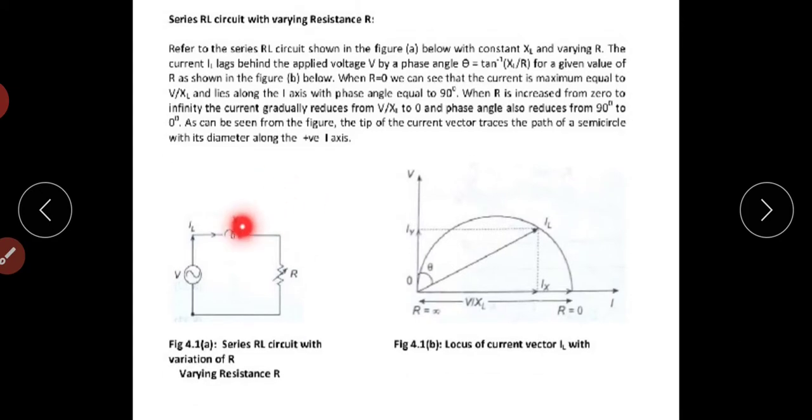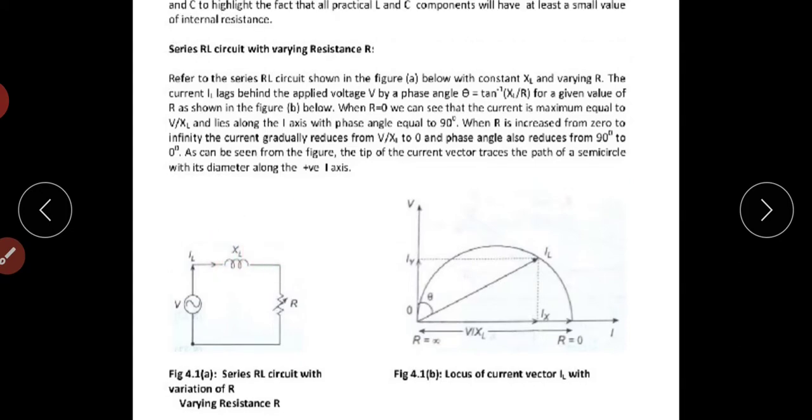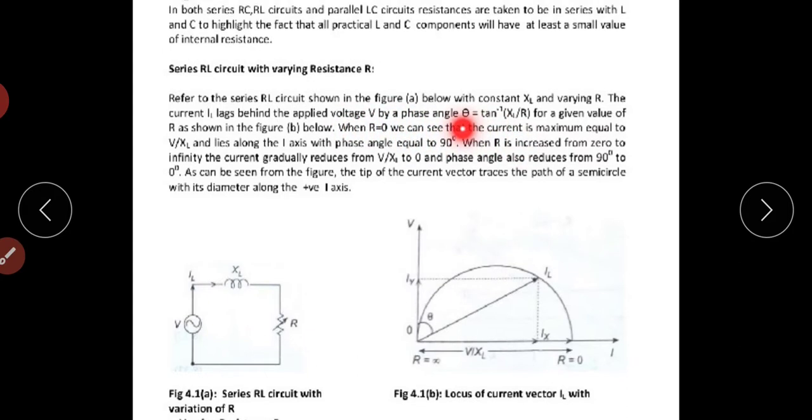Here XL is a fixed value and R is varying from 0 to infinity. If R equals 0, the current is maximum, and in this case the circuit acts as a purely inductive circuit. In a purely inductive circuit, the current lags the voltage by 90 degrees. So when R equals 0, the current is maximum and equals V by XL.